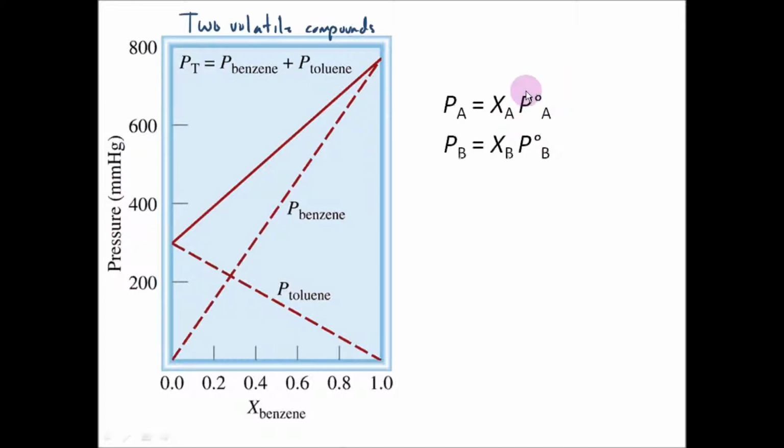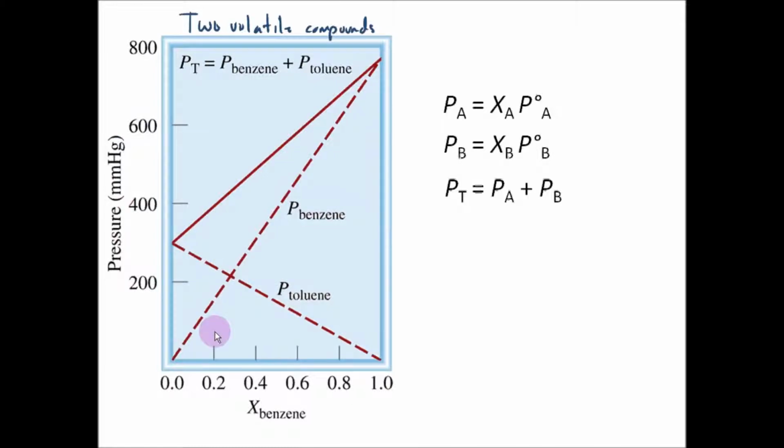All right, so pure A, if we call A the benzene, would be about 800. Pure B, if we call B the toluene, would be about 300. So if we want to calculate the vapor pressure of the mixture at any point along this line, we have to add the vapor pressure of the toluene and the vapor pressure of the benzene.